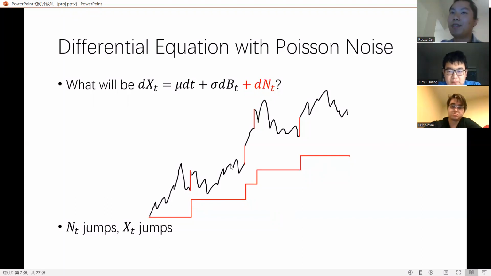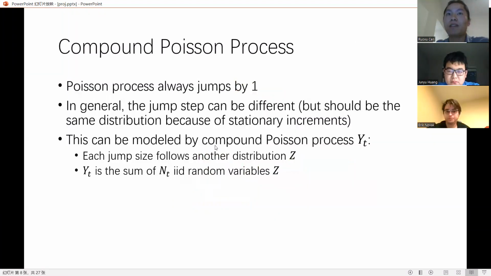So we get a random stochastic process with jumps. In general, this is what we want to study, but this is still not the complete story, because here the jump steps are always 1. In general, we want to study processes with different jump sizes. This will be modeled by a compound Poisson process.